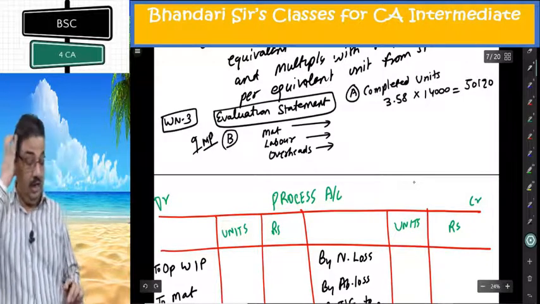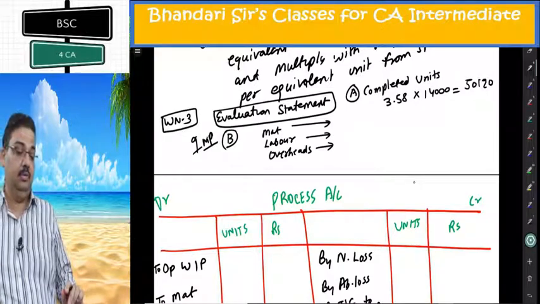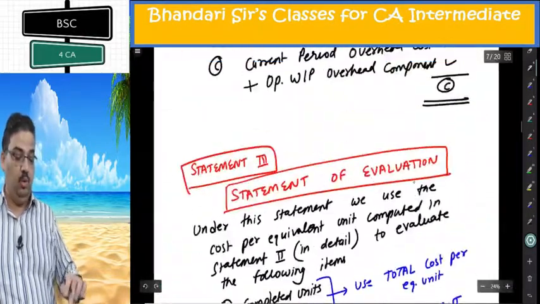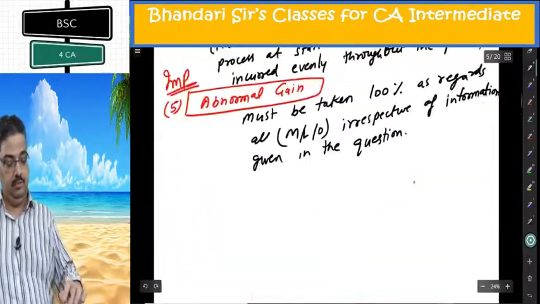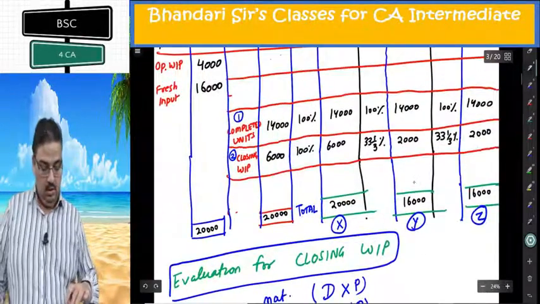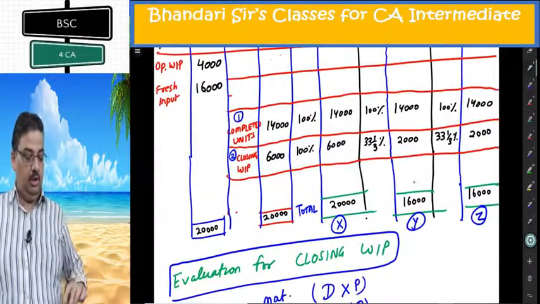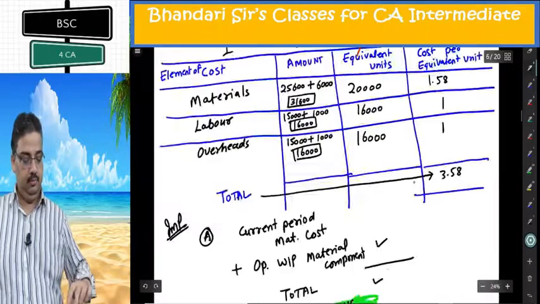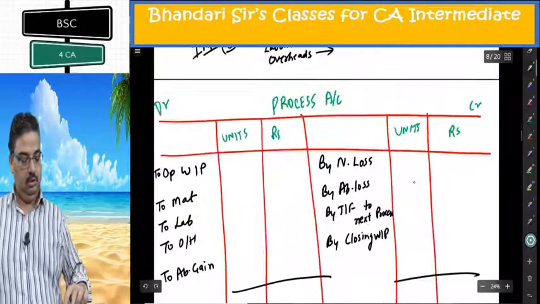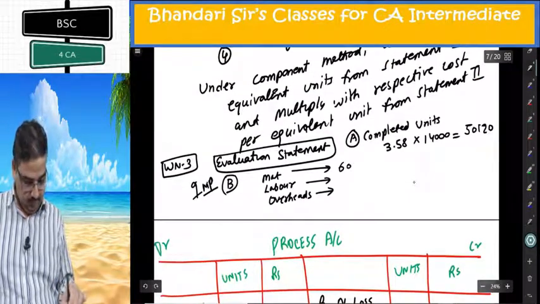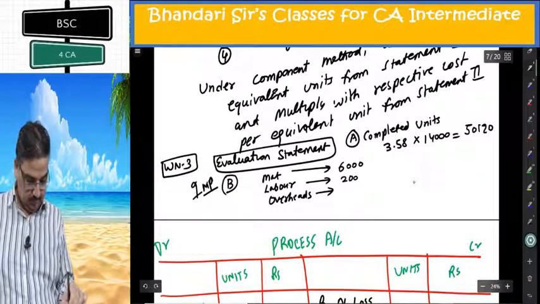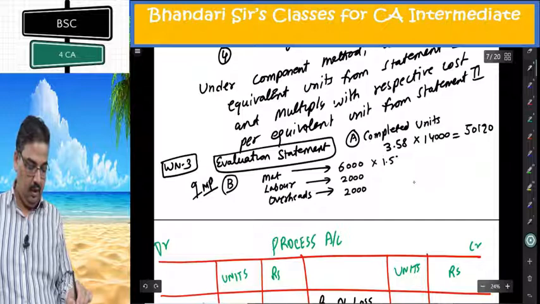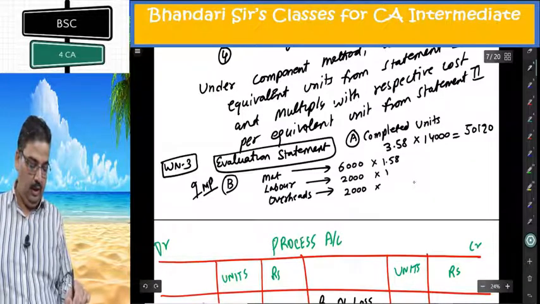From first statement, look at the equivalent units. 6,000, 2,000, 2,000. 6,000, 2,000, 2,000 into 1.58 into 1 into 1.